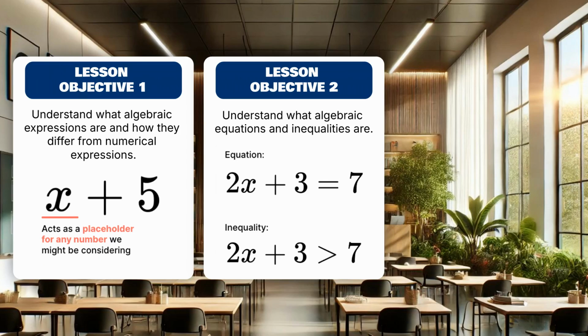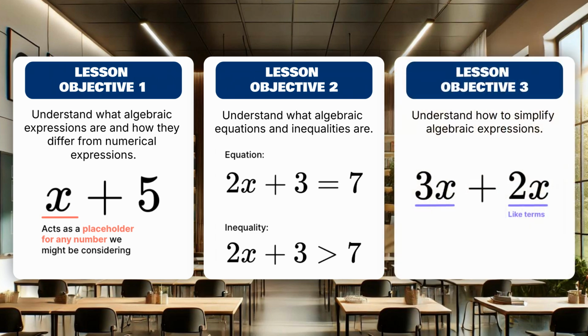For example, 2x plus 3 equals 7 is an equation, and solving it involves finding the value of x that makes the equation true. Inequalities, on the other hand, show that one expression is greater than or less than another. We also covered simplification. This involves reducing an expression to its simplest form by combining like terms. For instance, 3x plus 2x simplifies to 5x. This lesson provides a basic background on the key techniques and vocabulary used in algebra, so make sure to refer back here if needed.